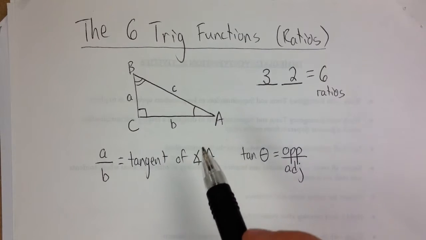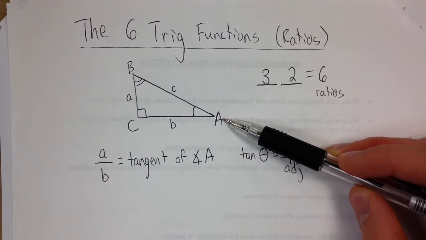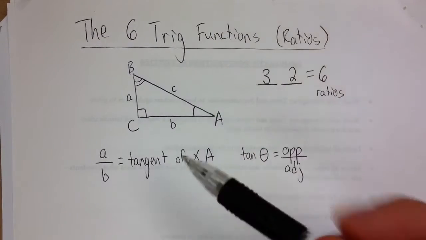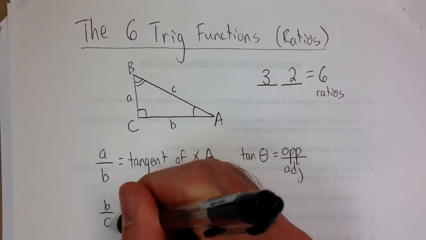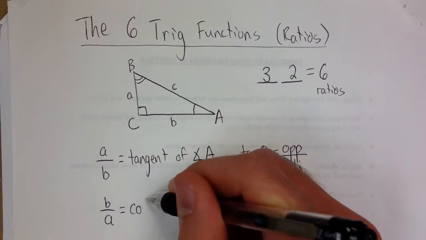Next, let's stick with the vantage point of angle A. Another ratio I could have is B to A, right? Just take the reciprocal. This has the name cotangent.